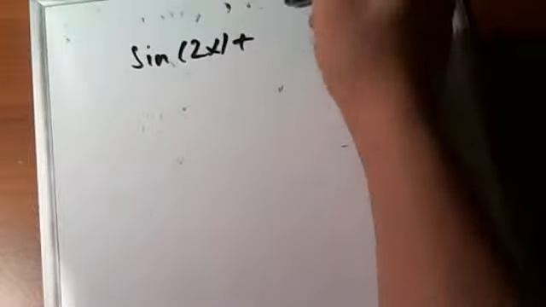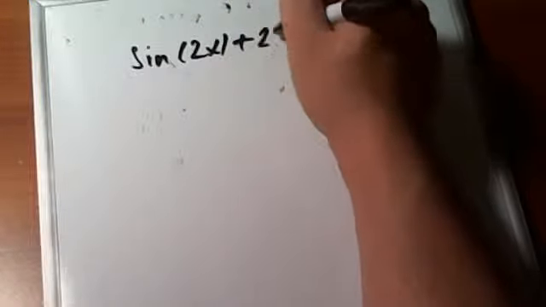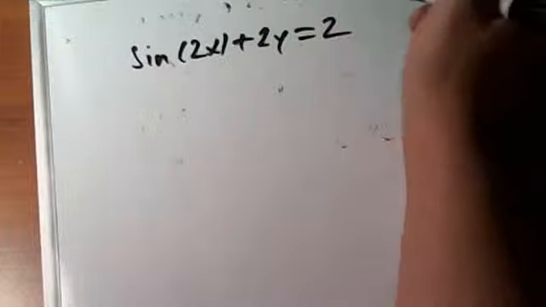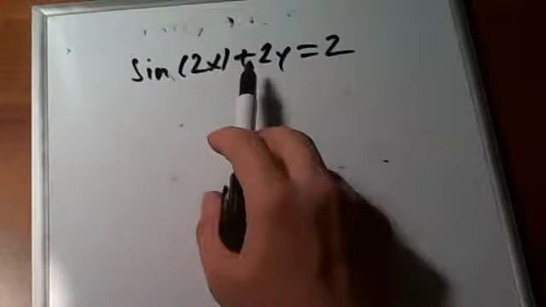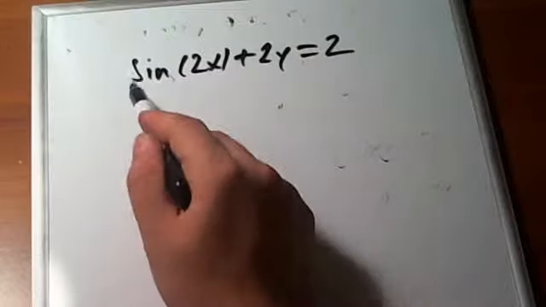So you get sine of 2x plus 2y is equal to 2. Do you think this is a linear equation or not? It's not, because of the sine.